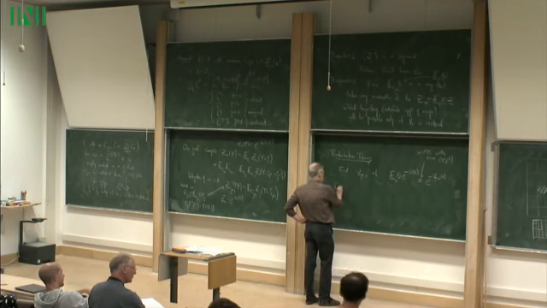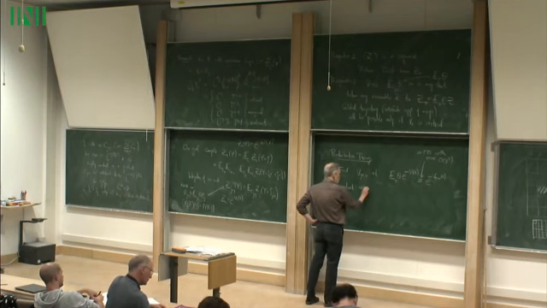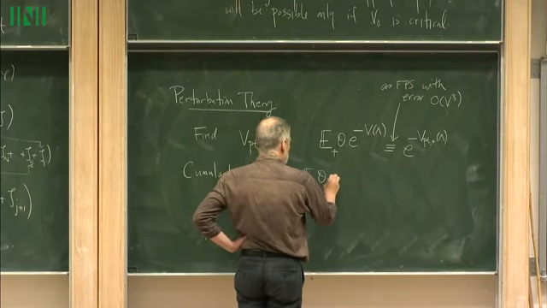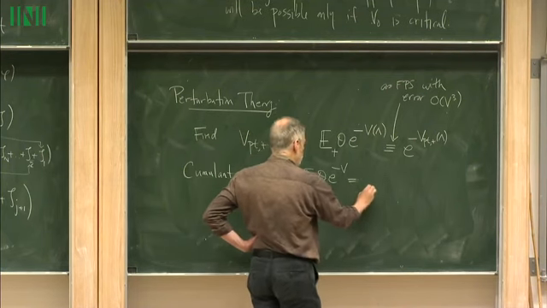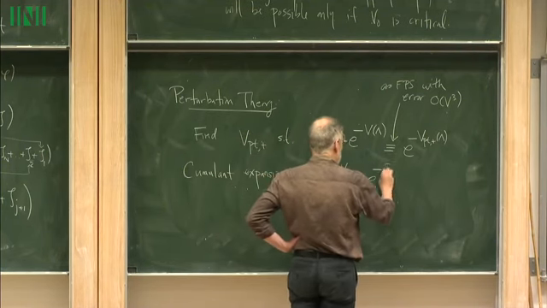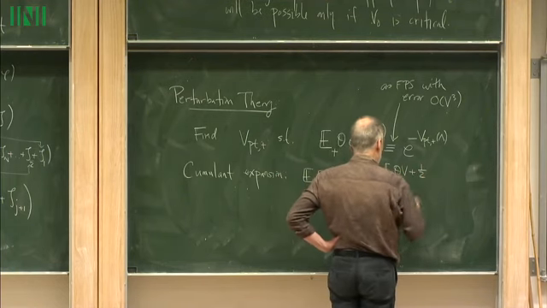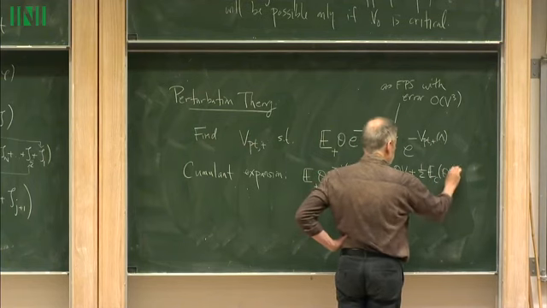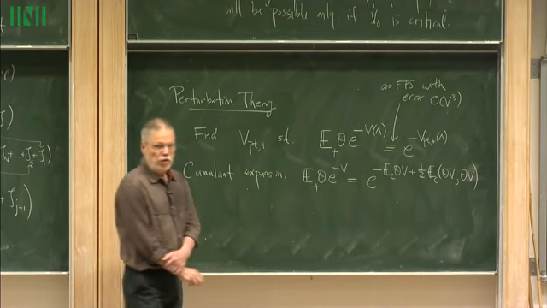So there's something called the cumulant expansion, which says that the expectation of e to the minus v, I leave out the lambda for the moment, is e to the minus the expectation of v plus 1/2 expectation of theta v truncated theta v, the covariance term.